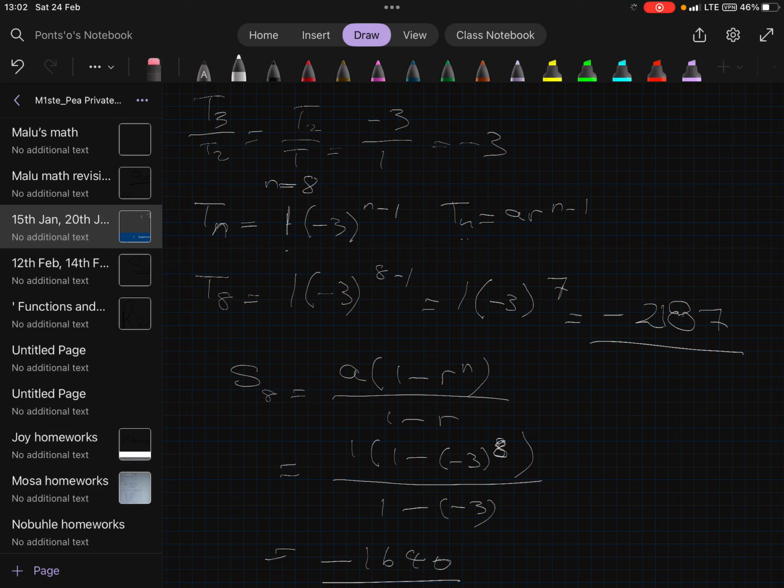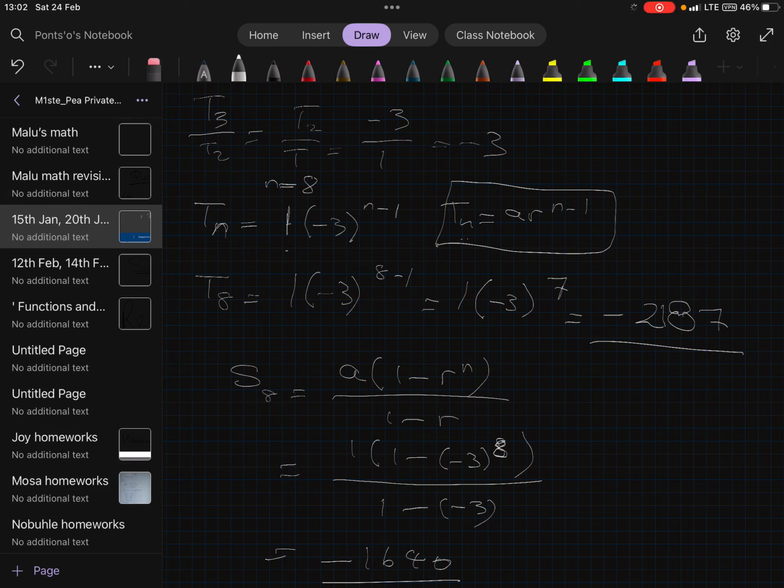No, we shouldn't do it like that. The correct way to do it is to use this formula, Tn equals ar to the power n minus 1. We'll get the correct sign because you'll have 1 times negative 3 to the power 4 minus 1, so negative 3 to the power 3, which will give you negative 27 times 1, which is negative 27.